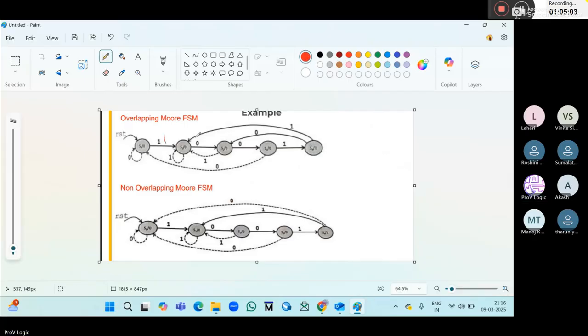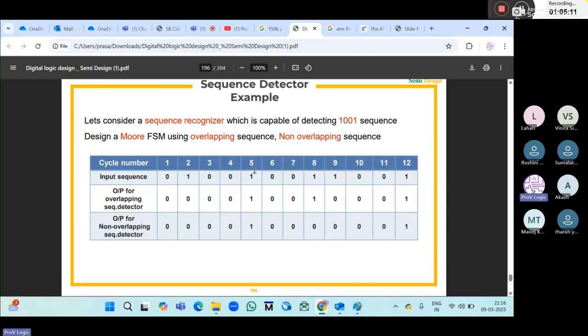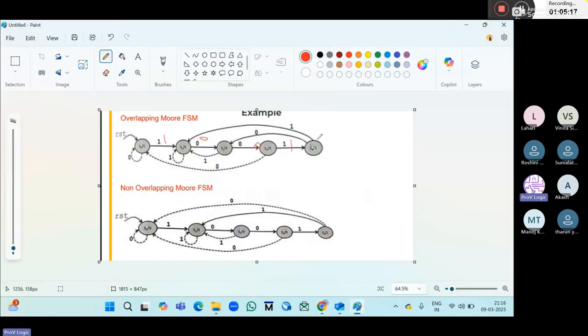Where it is overlapping here at the 5th, this 1 is overlapping here. So 1 is being written from here, even if it is not getting this one, it will overlap from 1001.